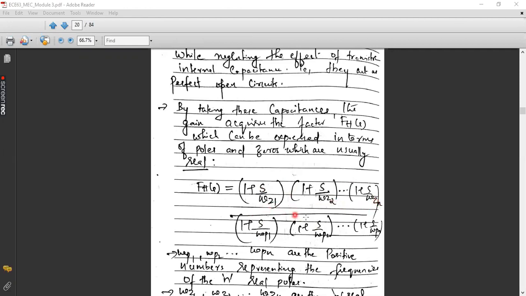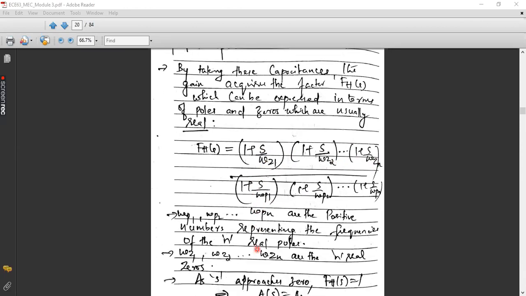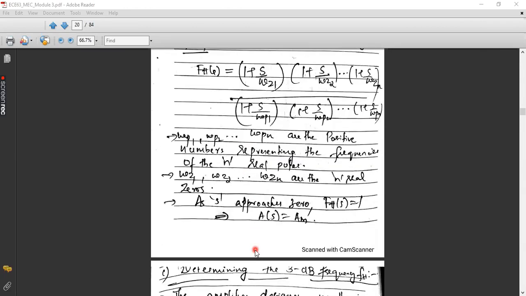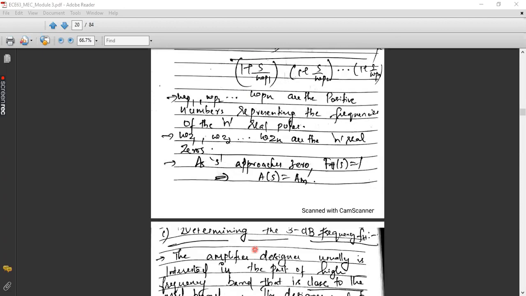These are the frequencies corresponding to zeros. And in the denominator, we have n poles: omega p1, omega p2, up to omega pn. All these are the frequencies corresponding to your poles. So the numerator is your zeros and the denominator corresponds to poles. So there are n real zeros and poles.